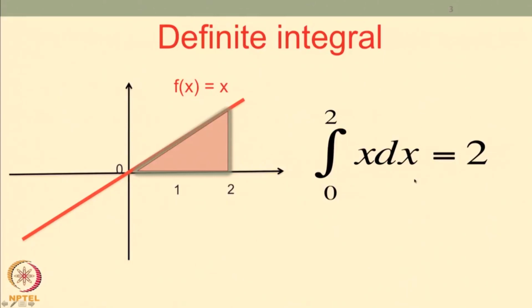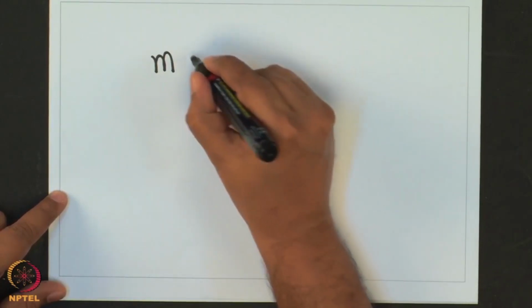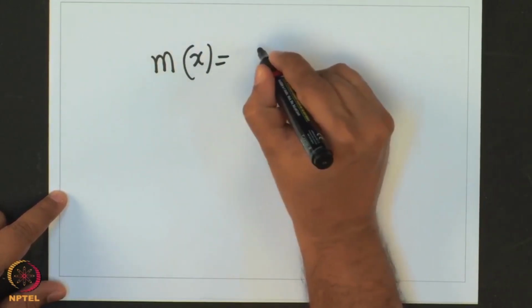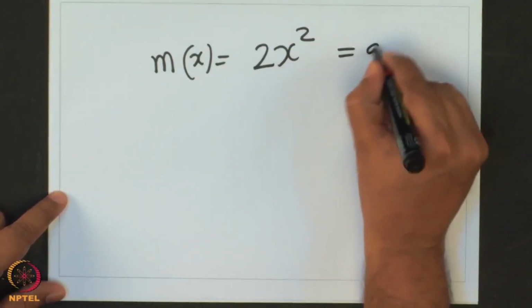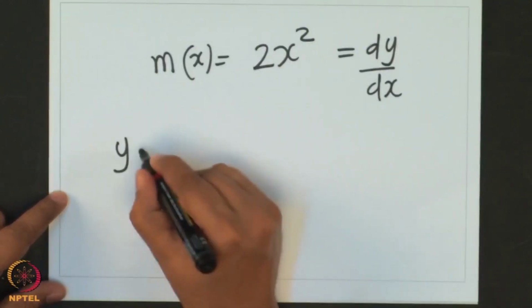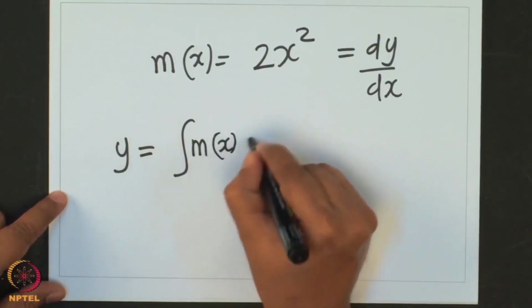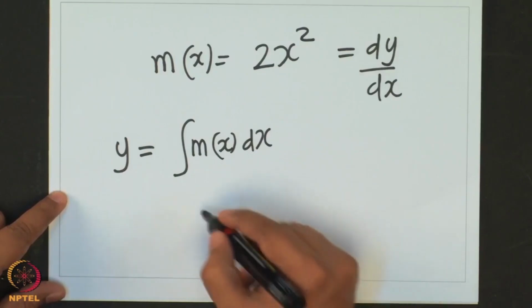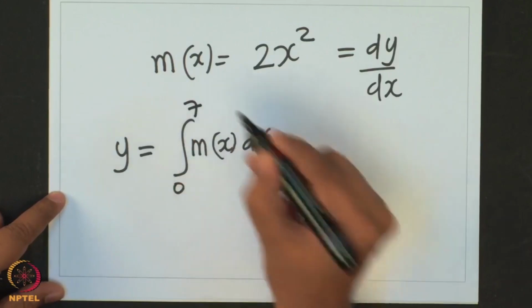And this is of course applicable for all other functions. If you have the function that you want to integrate, your slope function m of x, let us say, is 2x square, which is essentially your dy by dx or df by dx, and you want to calculate y, you have to calculate the integral of m of x dx from some point, like 0 to 7.